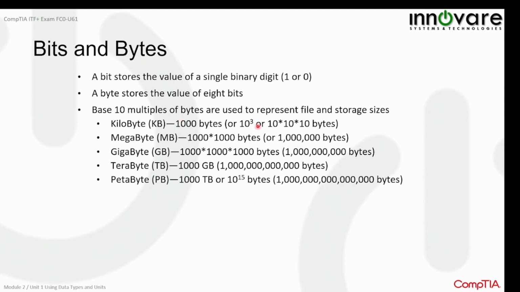So it is represented as 10 raised to 3, which is also 10 times 10 times 10. But this is what's important. You have to remember, a kilobyte is 1000 bytes, and 1 megabyte is equal to 1000 times a kilobyte. 1000 times 1000.